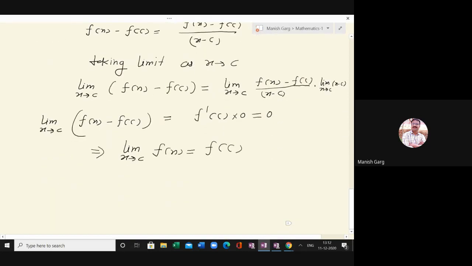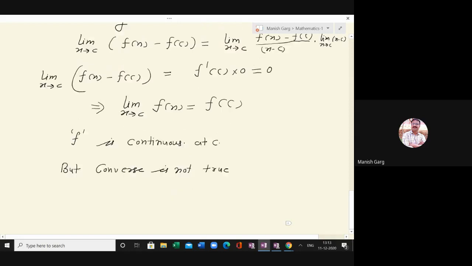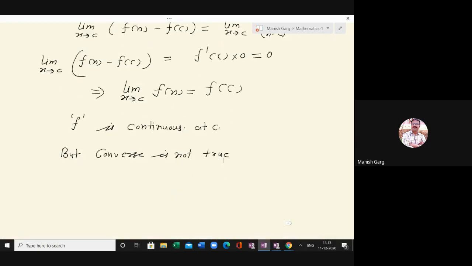So you can say f is continuous. So every differentiable function is continuous, but the converse is not true. It means it is possible that a function is continuous but not differentiable.